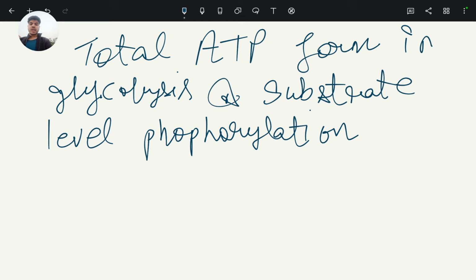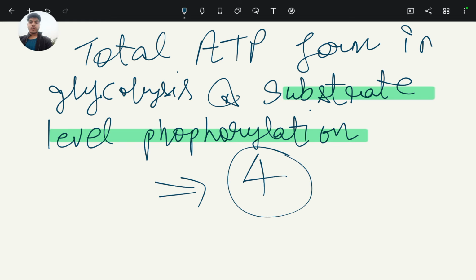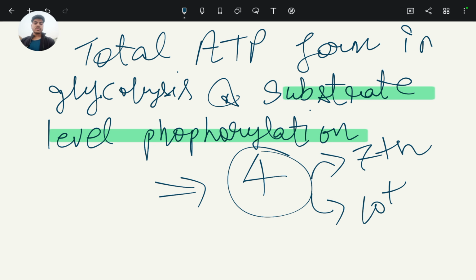So what is substrate level phosphorylation? When ATP is formed directly from substrate by taking phosphate from it, then this is substrate level phosphorylation, in which ATP is formed directly from substrate. So the answer is 4. So 4 ATP form, 2 at the 7th step and 2 at the 10th step.